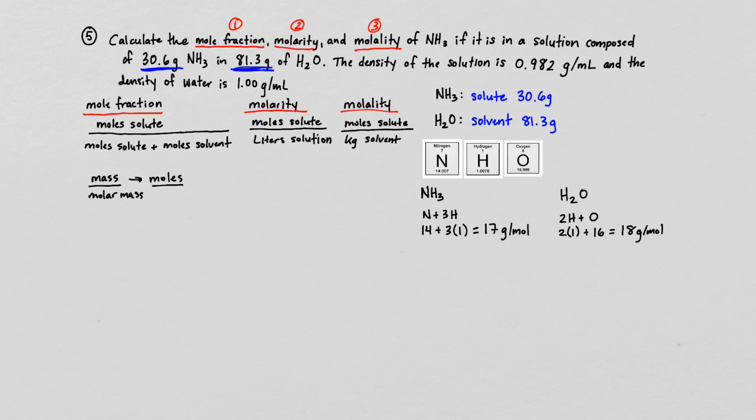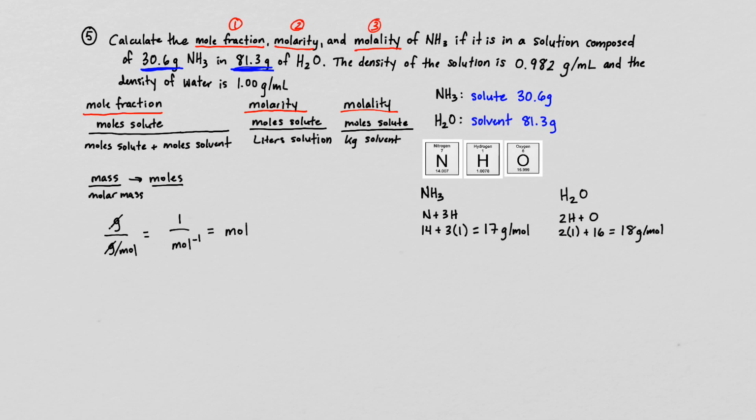Mass divided by molar mass will give you moles, right? Because if molar mass is grams per mole, the grams cancel. You're left with basically 1 over mole to the -1, and then that flips over and becomes just regular old mole.